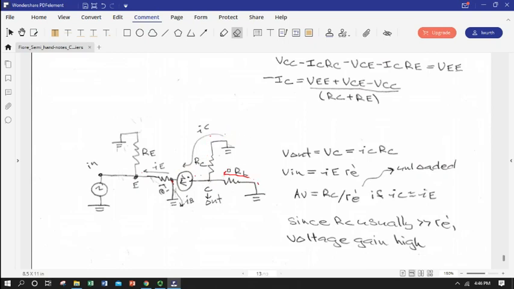We're used to defining current gain in terms of base versus something else, but that's not necessary. So we're going to follow the rules that we've established with our AC model and just step through.